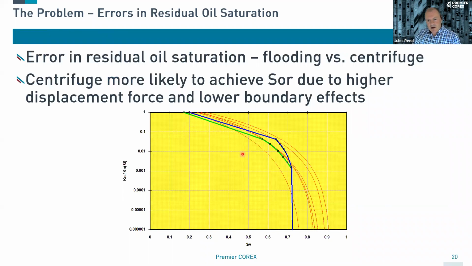There's also then another potential issue that we observe in the laboratory, which is truncated data. So particularly when we're doing core flooding, generally we're only able to get down to about 10 to the -3 in permeability. And sometimes that could be significantly a difference in the residual saturation at 10 to the -3 compared to what the real saturation is here.